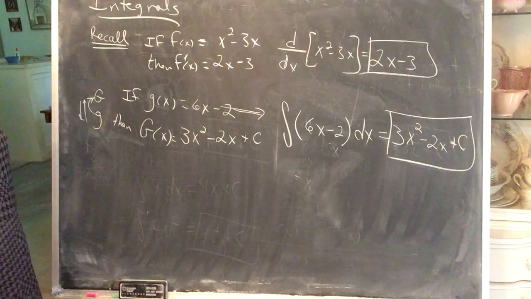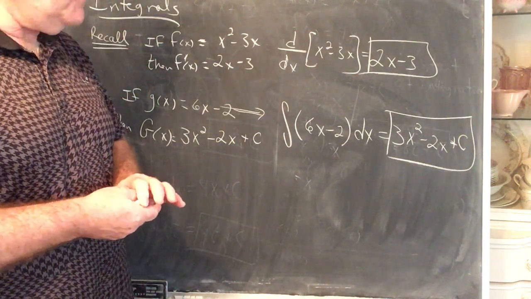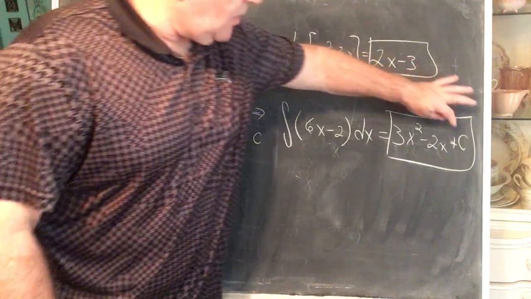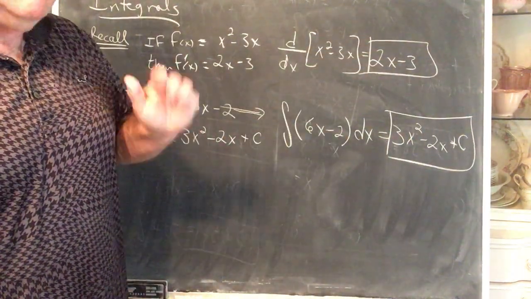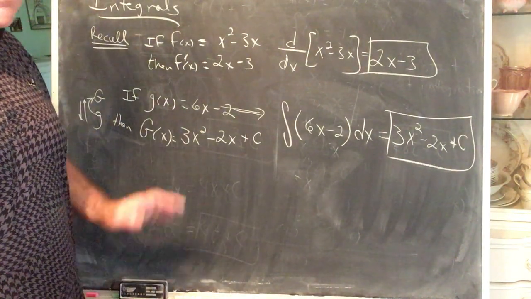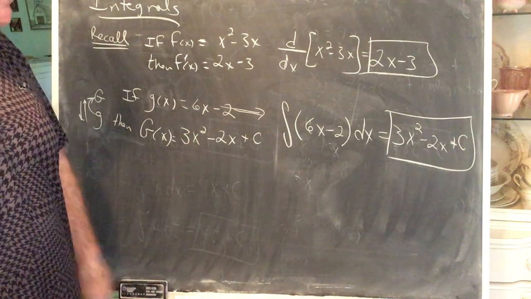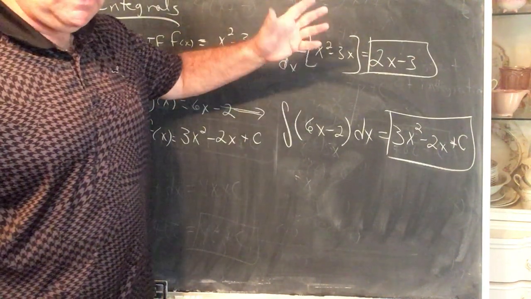I actually had a student one time during the course of the class, he kept forgetting to write plus C. He just forgot to write it every stinking time. And he was biting his nails. He was so upset with himself for forgetting it. He knew he was going to forget it, so he doubled his efforts to remember, and he still forgot it. So one day we were having a quiz. This is several years ago.